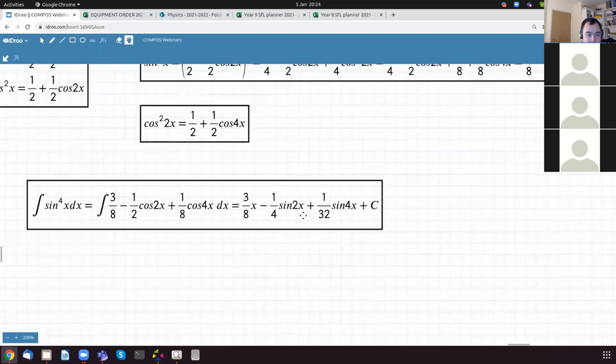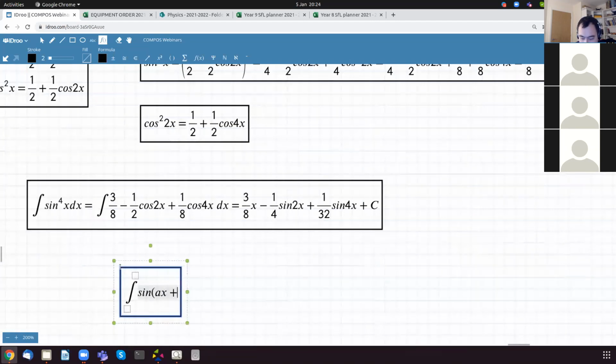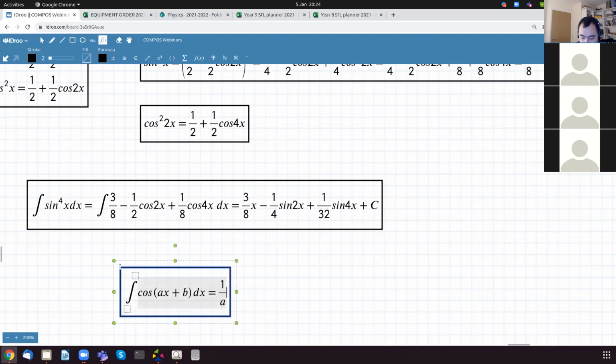Any questions here? Does everyone understand how I got from here to here? I'm using the fact that the integral of cosine ax plus b is equal to 1/a sine ax plus b plus c.